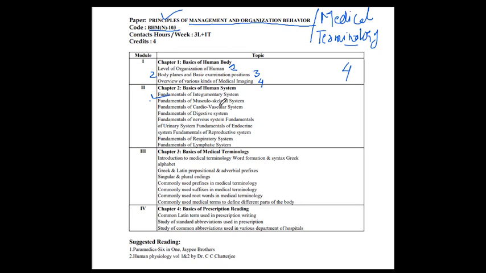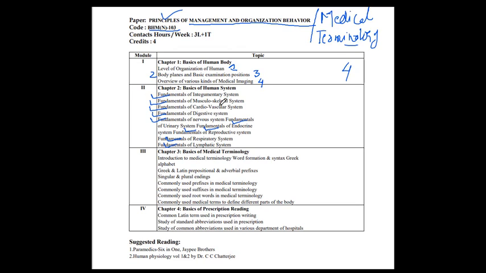Check that out: fundamentals. Even the word fundamentals is given out here. See, if you count the number of ticks that I have made, that gives you the number of topics. There is another one.